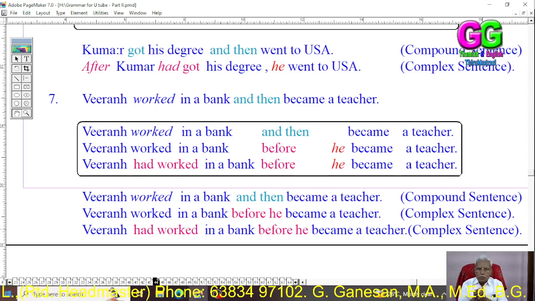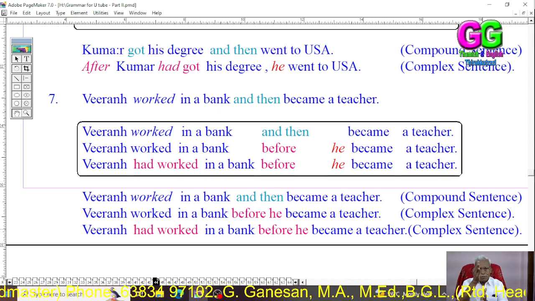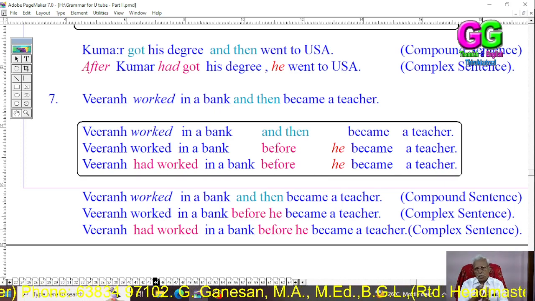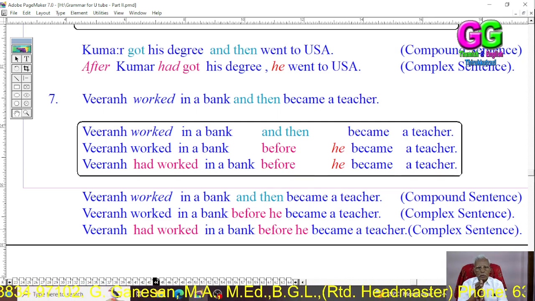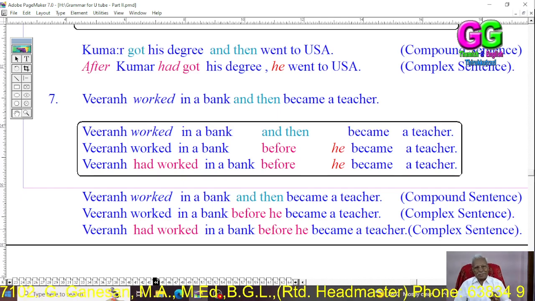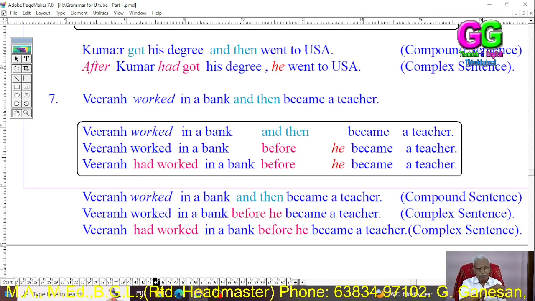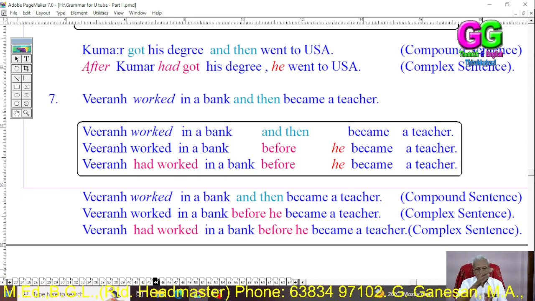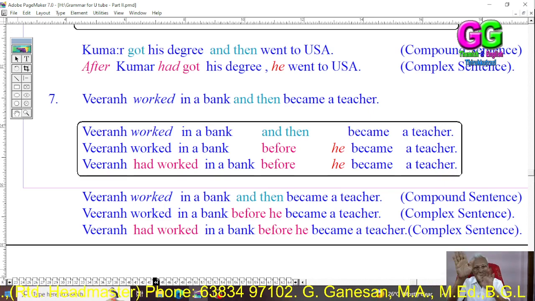Here I have used "before" as the complex conjunction. After the conjunction, "after" should be used before the first action, but "before" should be used before the second action.